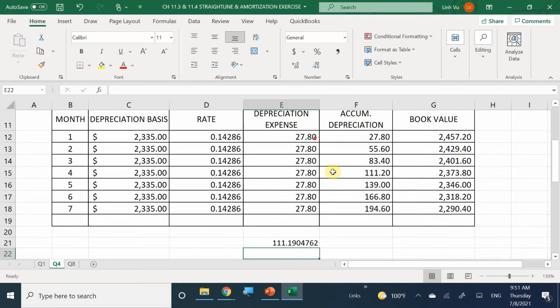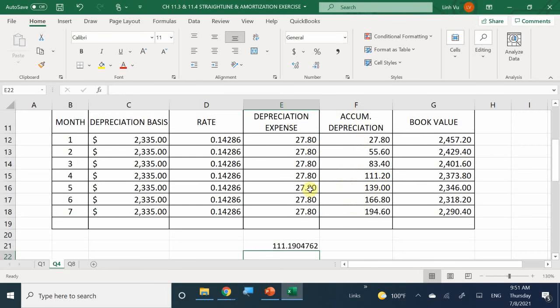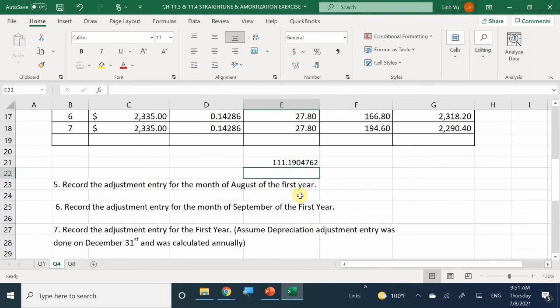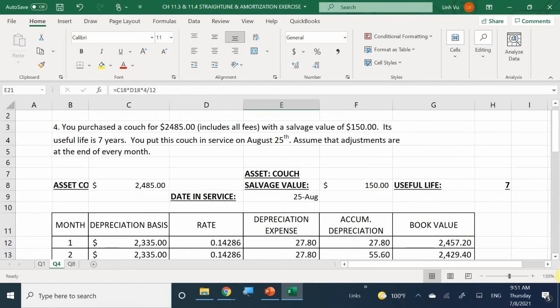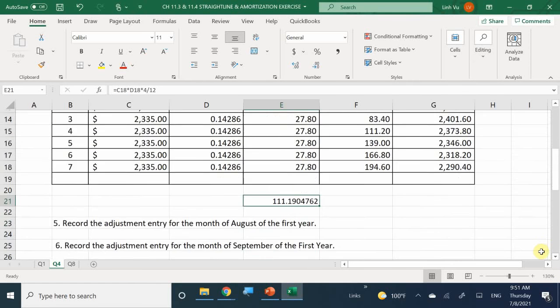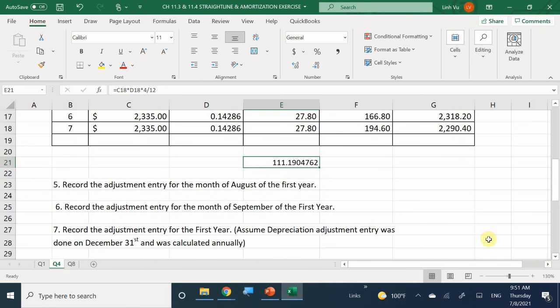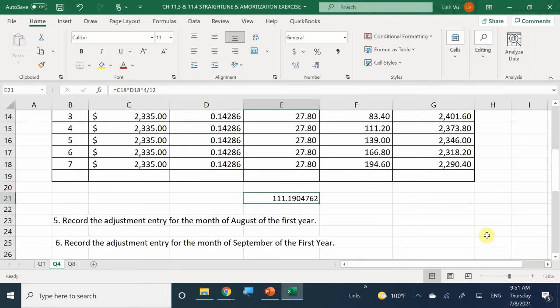But in this case, you could just do it this way too, 111.20. It's only a difference of a penny. It doesn't really matter here because at the end of the day, you're going to end up with a salvage value of 150. So in this case, you could choose to do either.